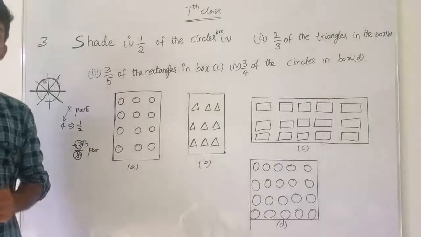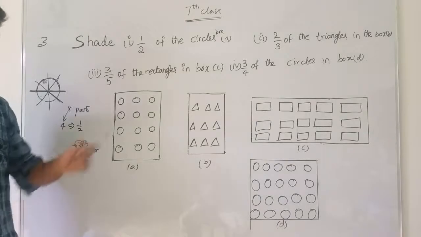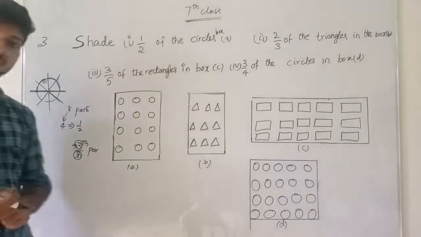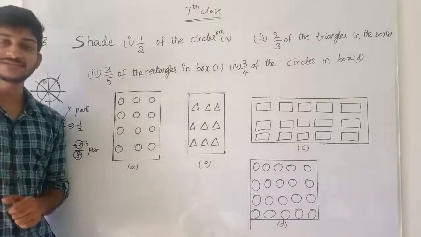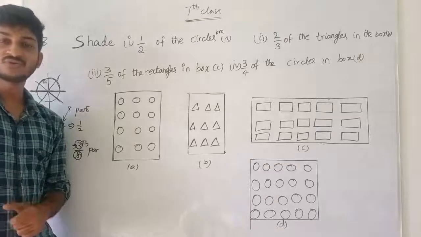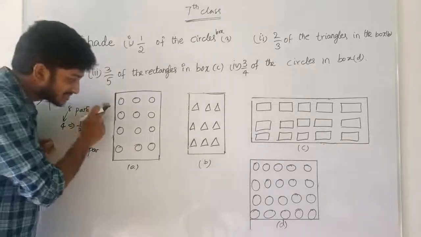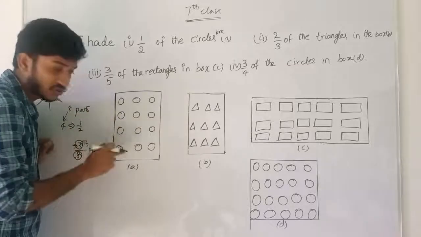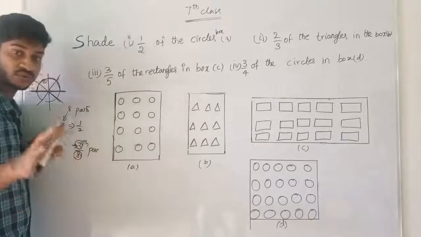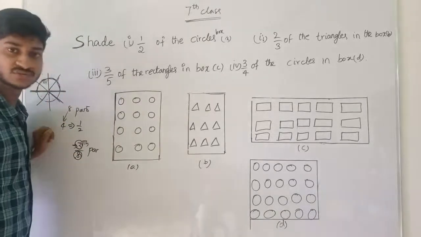In the 12 circles we have to shade half, means 12 divided by 2 is 6. Otherwise, see here, there are 4 rows, row 1, row 2, row 3, row 4. In these 4 rows we have to shade 2 rows.